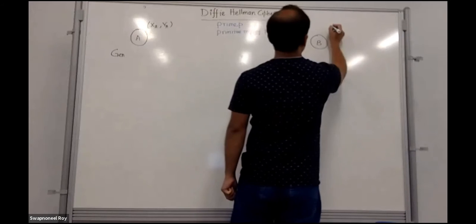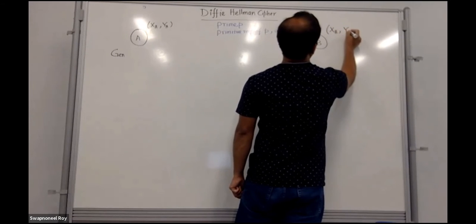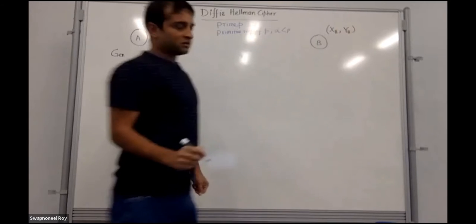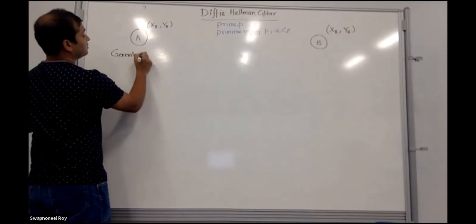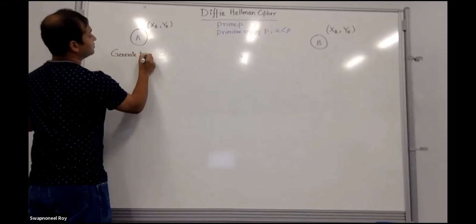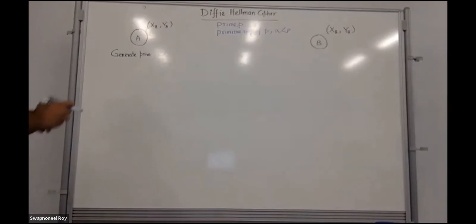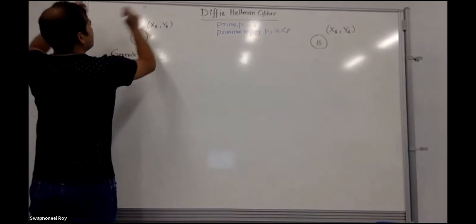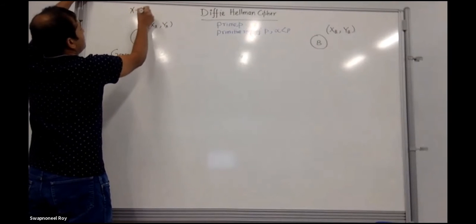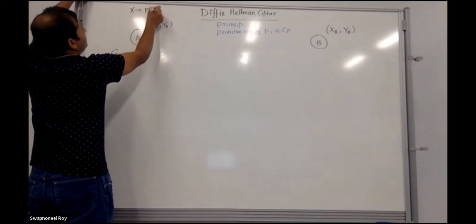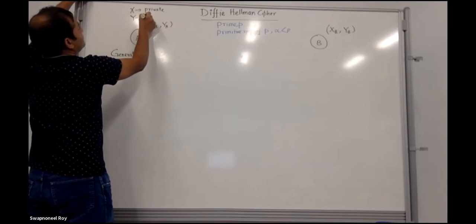And Bob's private key will be XB and Bob's public key will be YB. So for reference, X is our private key and Y is our public key.